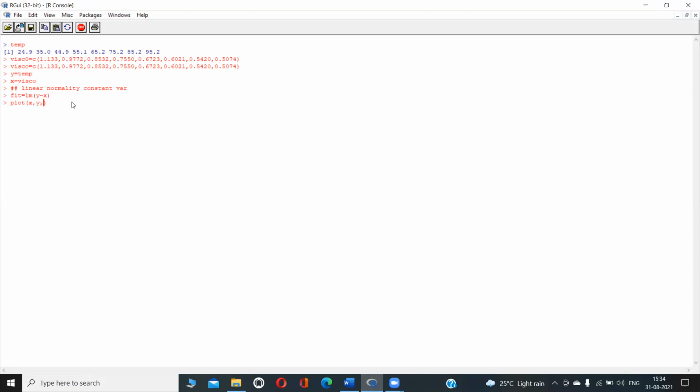Now to modify it, xlab is equal to, we can write down what name we want on the x axis. We want viscosity, so we can write it down here, or to make it more specific, we can write down its measure.